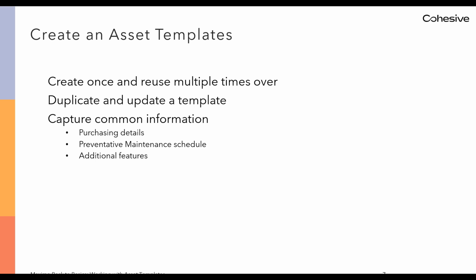You can duplicate a template and make those changes as necessary. And again, it's kind of putting in some controls around the data that we're going to capture here. So making sure that we've got some standard quality control rules in place.